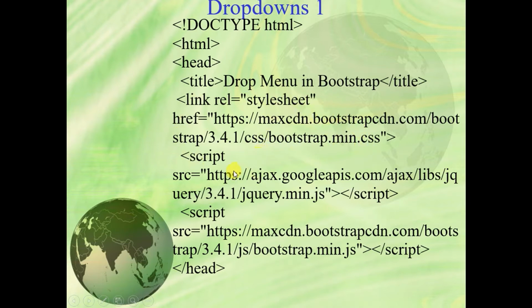In this lecture, two other libraries: jQuery.min.js, JS means JavaScript, and Bootstrap.min.js. Two more libraries, JavaScript with jQuery. In previous lectures, a brief introduction about jQuery and JavaScript has already been discussed.